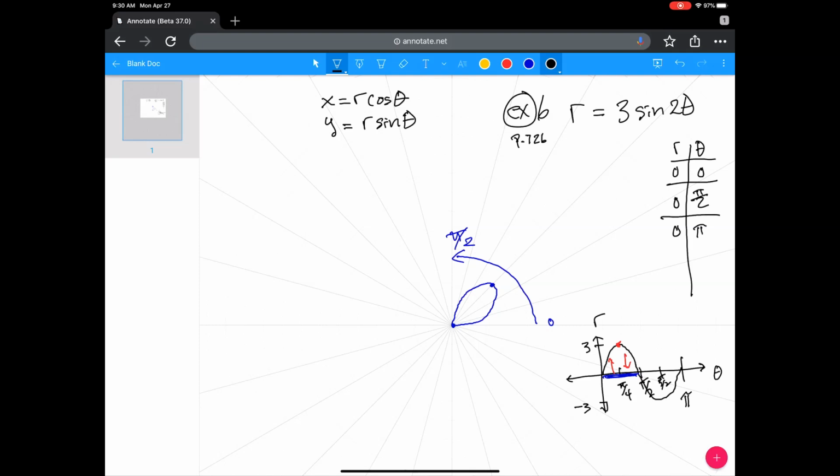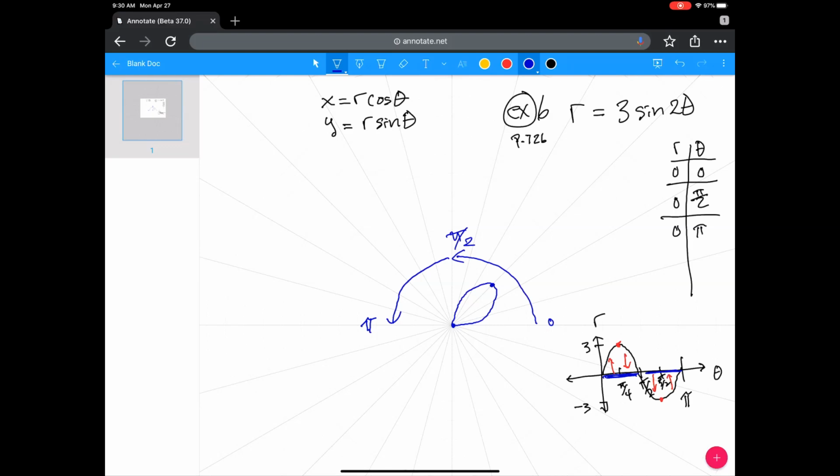But what I can see from my little graph is that when I'm in that range, the r value is going to go down to -3 and then back to 0 again. So what that means in my polar graph is that as I'm going from an angle of pi over 2 around over to pi, I'm going from 0 to -3 for r.